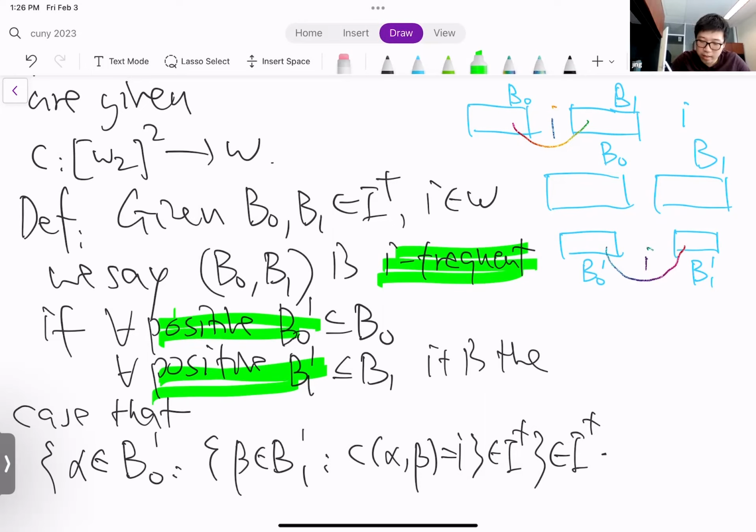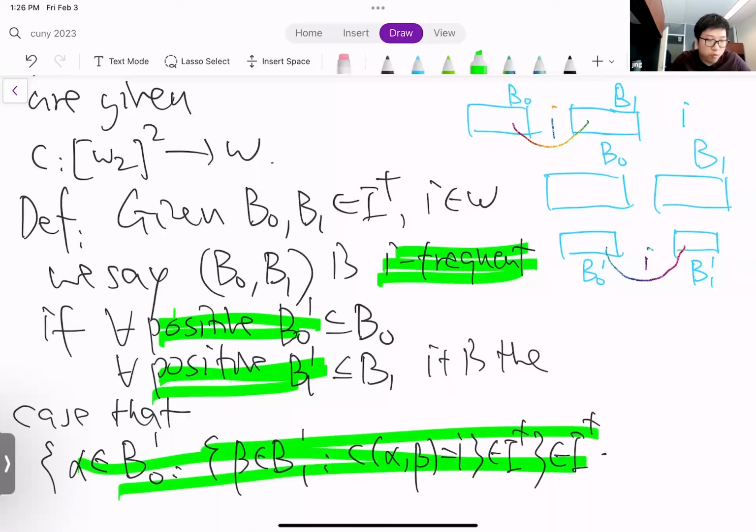And the many is expressed in terms of positive, in terms of the Fubini product of the ideal. I hope this makes a little bit of sense.